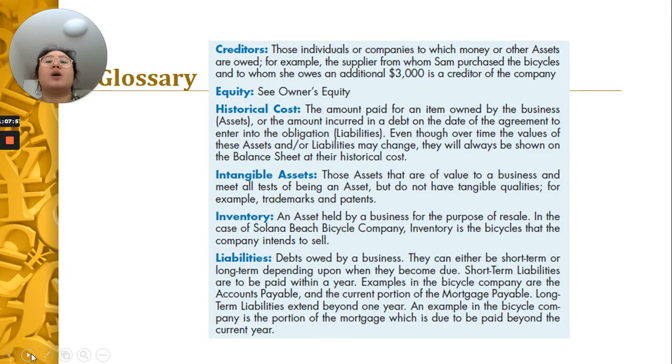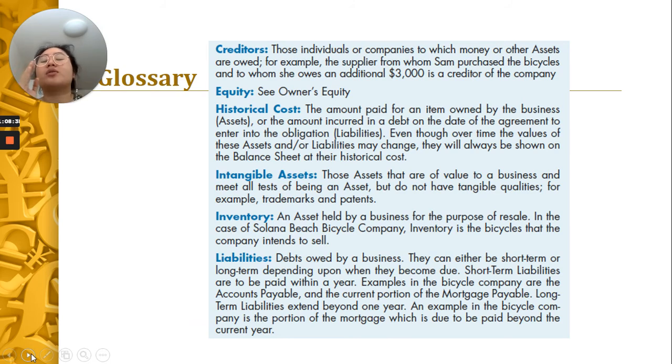The creditor is an individual or company to which money or other assets are owed, for example the supplier from whom Sam purchased the bicycle, to whom she owed an additional 3,000, is a creditor of the company. And owner equity comes from two sources: owner investment and retained earnings that come from profit.